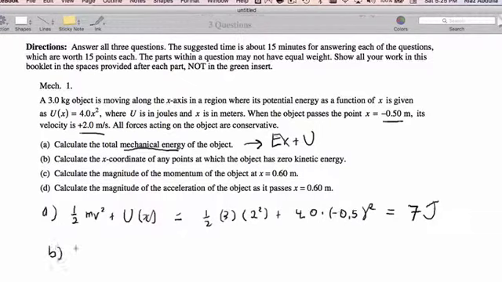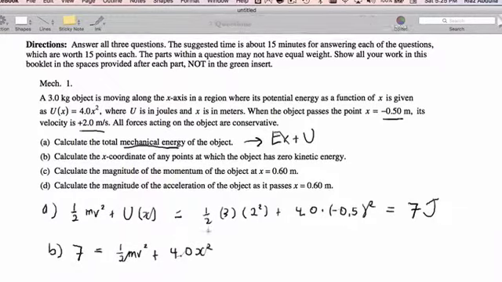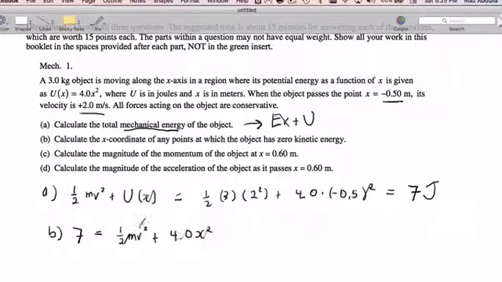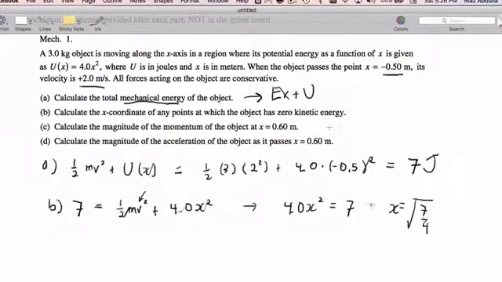Since the total energy is 7 joules, we can say 7 equals 1/2 mv squared plus 4.0 x squared. And the thing is, we have 0 kinetic energy when the speed's 0. So let's find out the points where all of the energy is stored as potential energy. So that means x is plus or minus the square root of 7/4, which gives us the points where there is no kinetic energy.